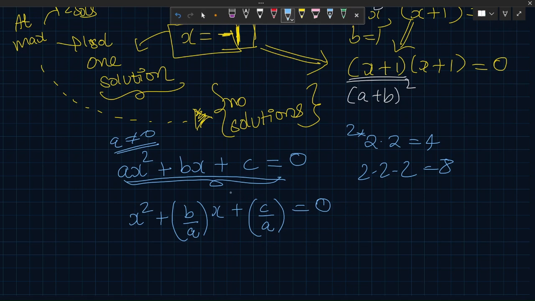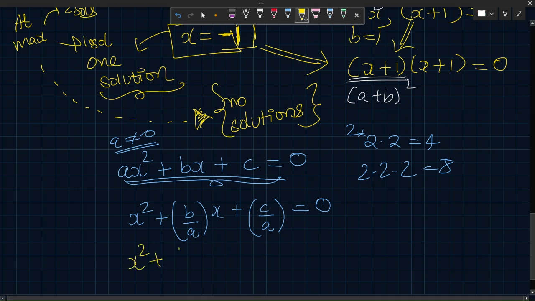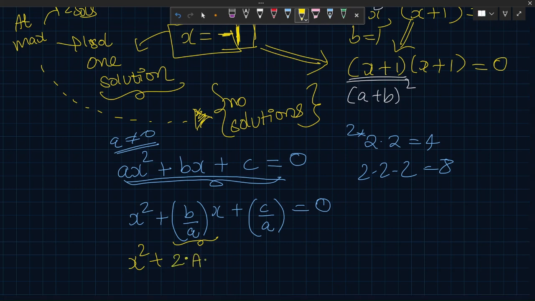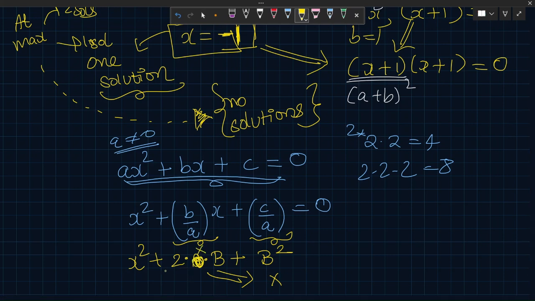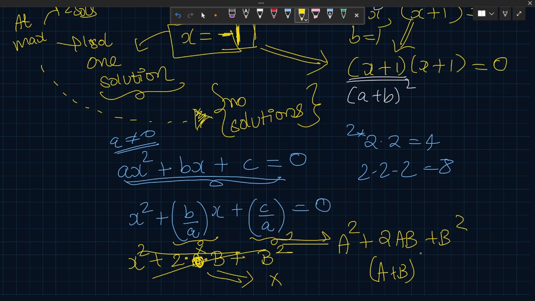Now, suppose this could somehow miraculously be written as sum 2ab, and if this could have been written as sum b square, then, if this could be magically written in the form a square plus 2ab plus b square, I can just simplify this as a plus b the whole square.